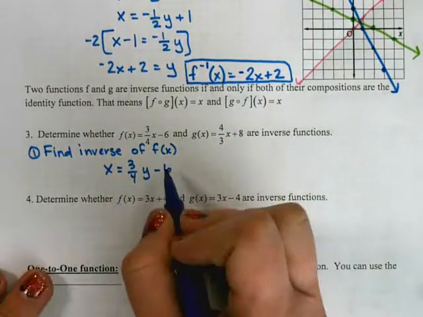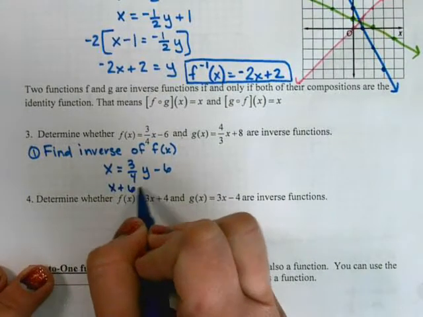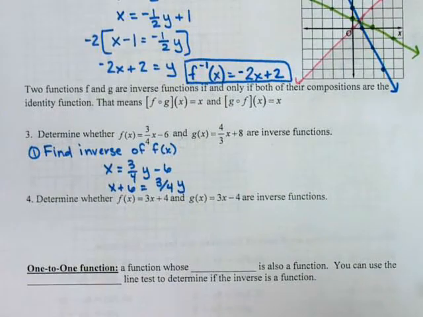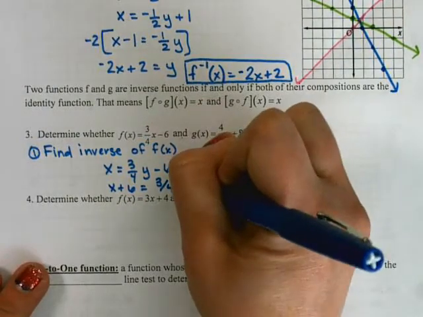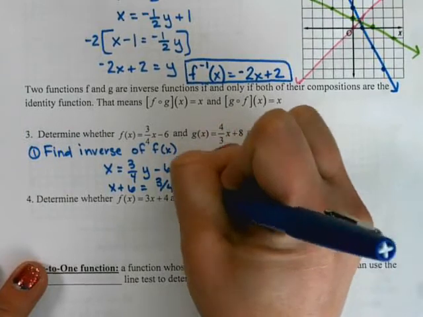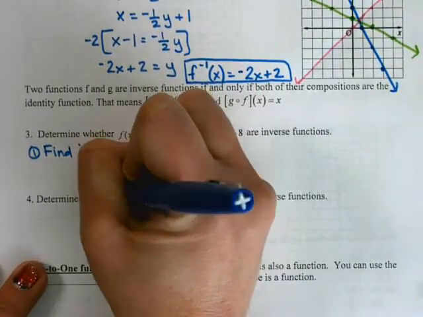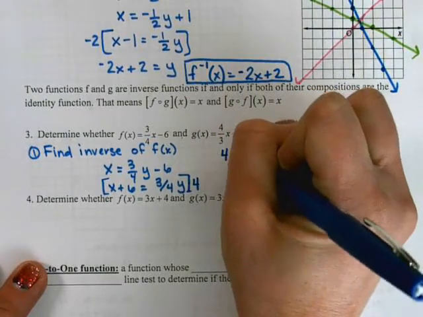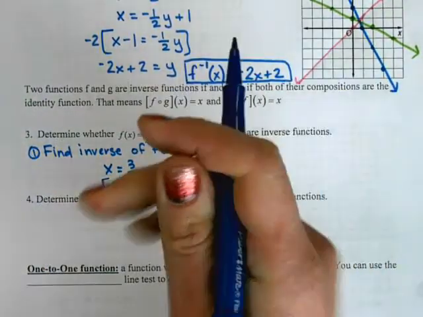All right, add 6, so I got x plus 6 equals 3/4 of y. How do you want to undo that? Multiply by 4/3. If you want to do it a step at a time, you certainly can. So I got 4y, but, oh, that's not a y.